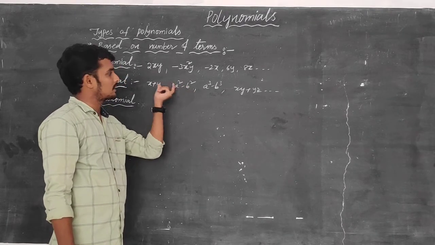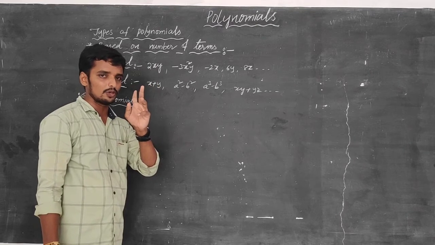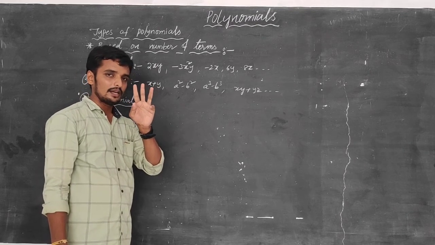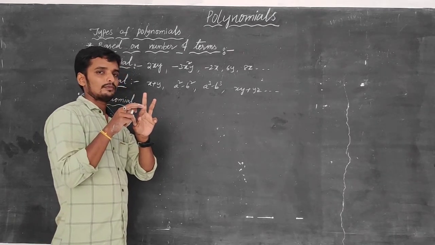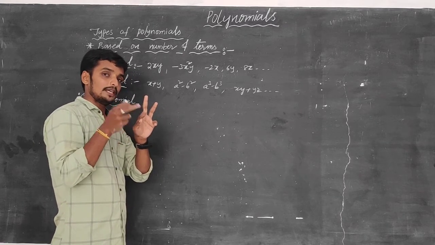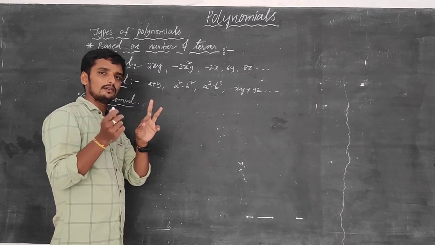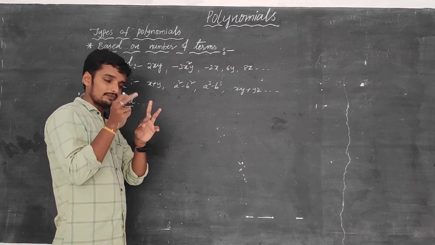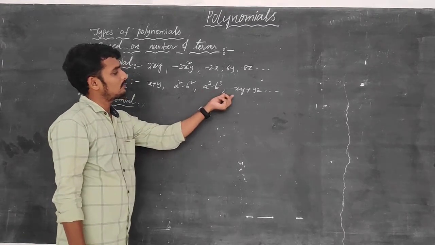The variables are different, the exponents are equal. Do you know the difference between like and unlike? Like means variables are equal and their exponents are also equal. If the variables are equal but exponents are not equal, they are unlike. If the variables are different and exponents are equal, those are also unlike. Here, a cube minus b cube, xy plus yz.